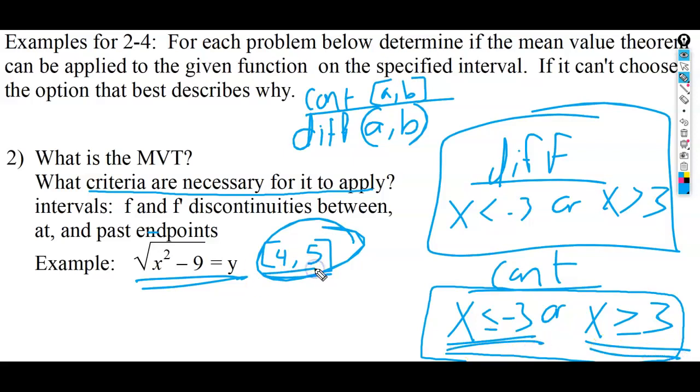Both of these points are greater than 3, so my function is continuous on the interval. Now, is it differentiable on that interval? Once again, they're both greater than 3, so we're good. So for this one, the answer would be yes, because the interval we're looking at is a place where this function is both continuous and differentiable.